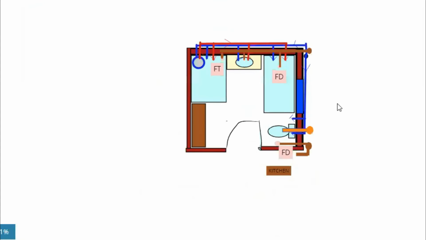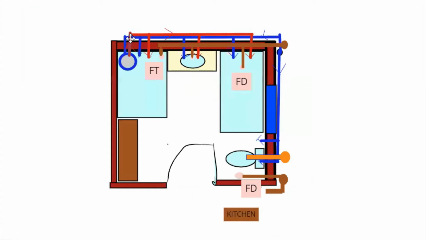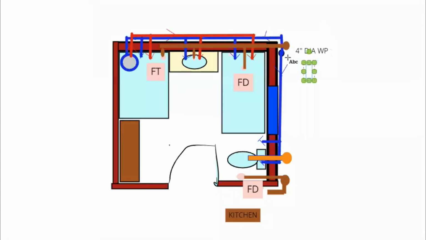So if it is a big toilet, you are connecting all the waste pipes to a 4-inch dia waste pipe, and connecting all the soil from all the toilets, if you have toilets on top of each other, to a 4-inch dia soil pipe, SP.